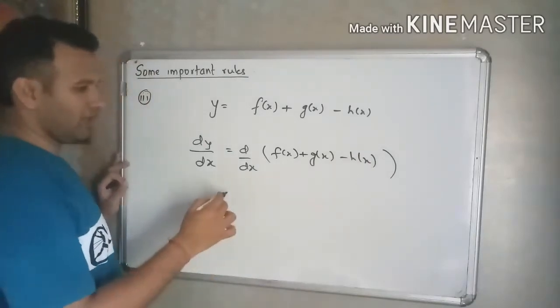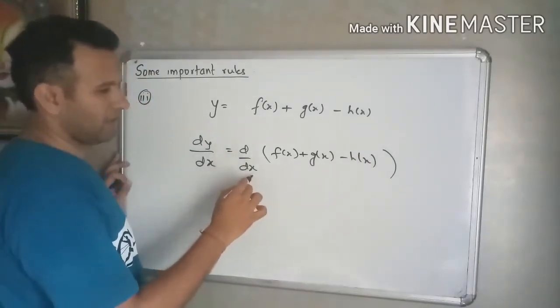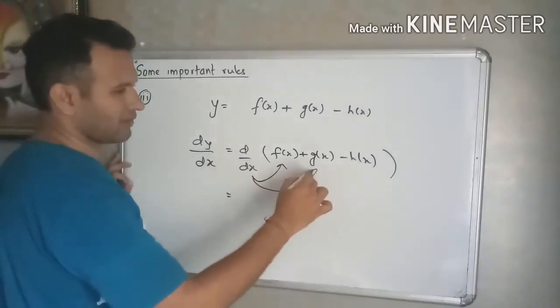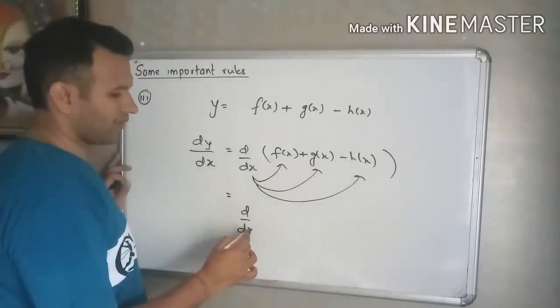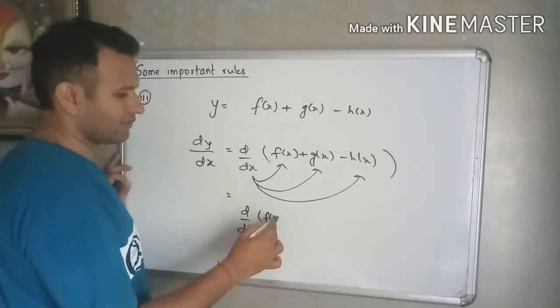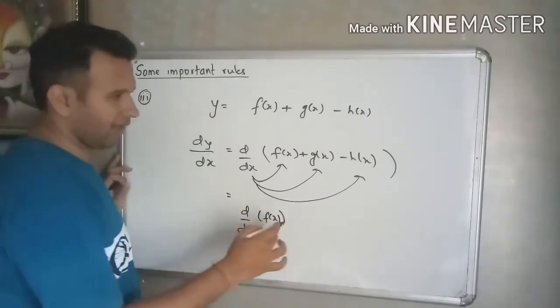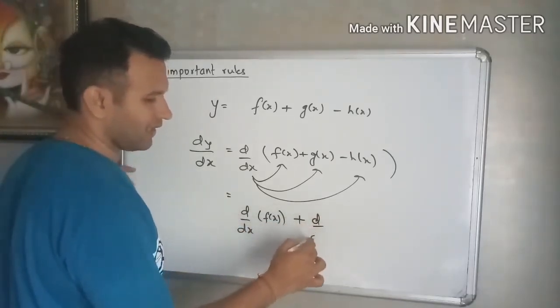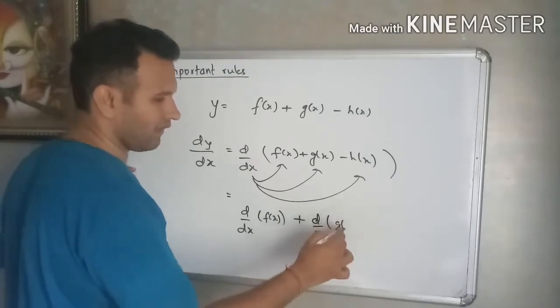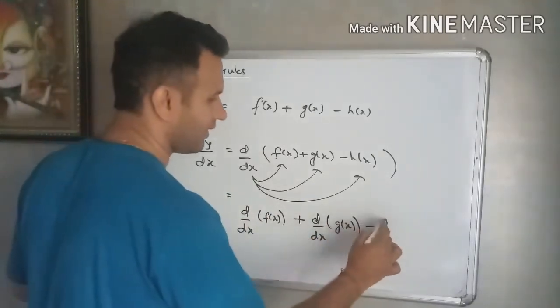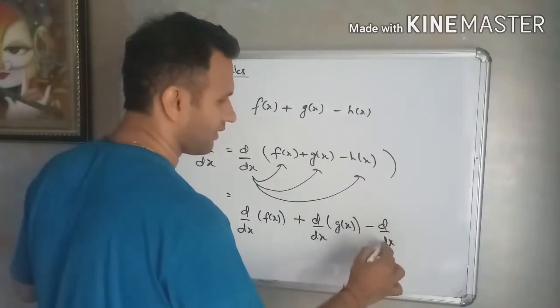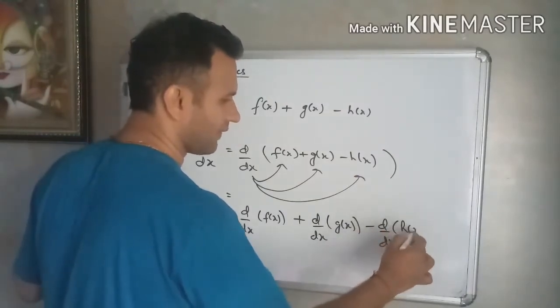In this case this operator will be applied to these three functions separately. That is, this will become d by dx of f of x, plus d by dx of g of x, minus d by dx of h of x.